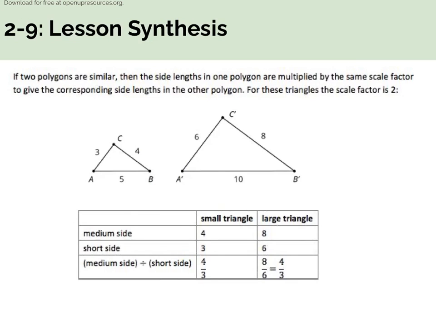As you can notice on page 79, we have two triangles and their side lengths, and we can find that fraction by taking the medium side divided by the shortest on both of those. That gives us the scale factor. How did they change? How did they make it bigger and smaller compared to each other? So again, if the angles are exactly congruent in the triangles, the side lengths can be proportional, and they can have a scale factor that makes it bigger and smaller.